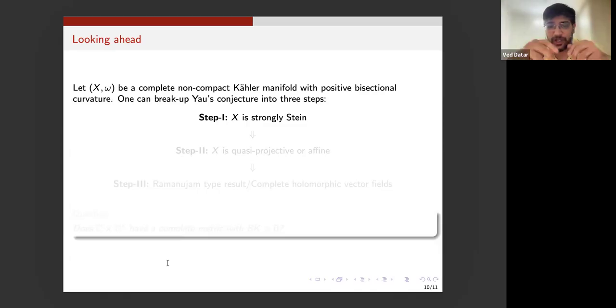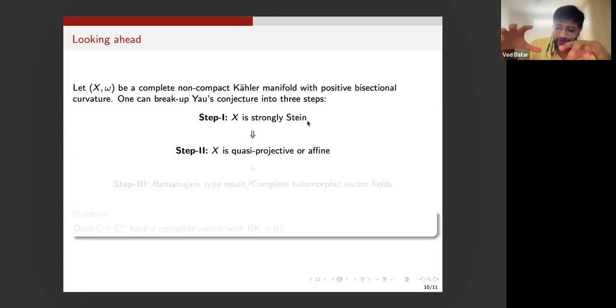Our PDE method works in all dimensions. So then one would have a Lipschitz weight with finite Monge-Ampère mass, if one can show that a Kähler manifold with positive bisectional curvature is also strongly Stein. So that would be the first step. The second step: Stein already gives you that your X lies as an analytic subset of some large C^n.